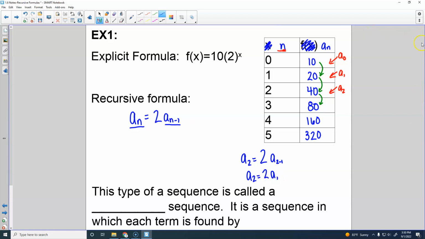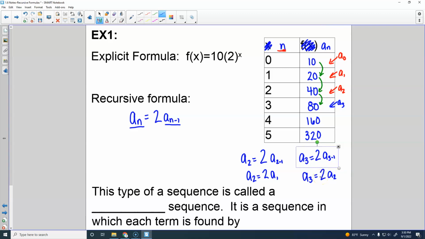So the second term, 40, which we have here, equals 2 times a sub 1, the term that came before it. 20 times 2 gives you 40. And then the same would be true for the next one. This would be a sub 3. So if we look at a sub 3, it is 2 times a sub 3 minus 1, which of course means a sub 3 equals 2 times a sub 2.